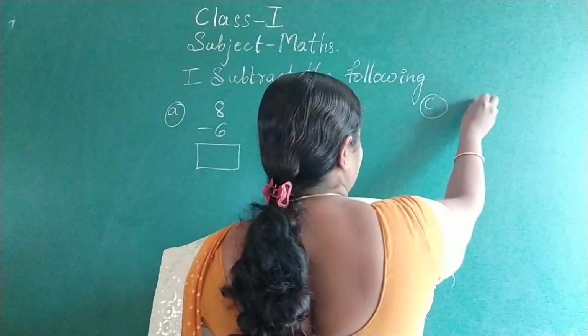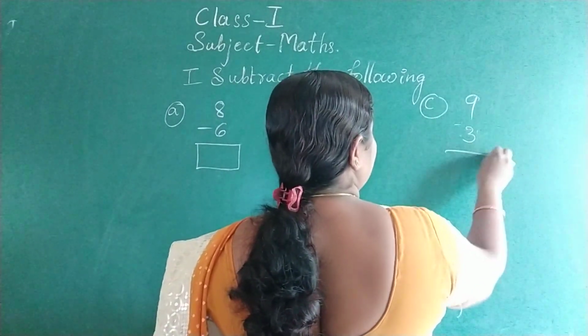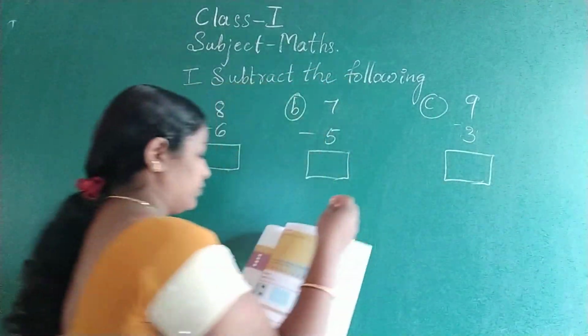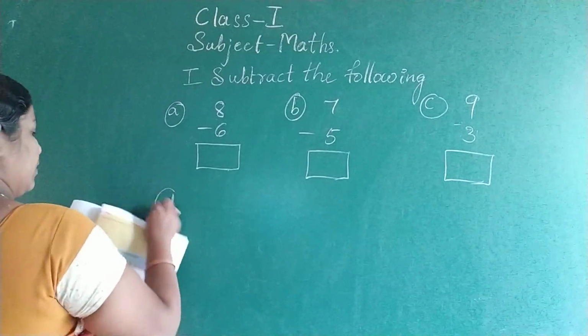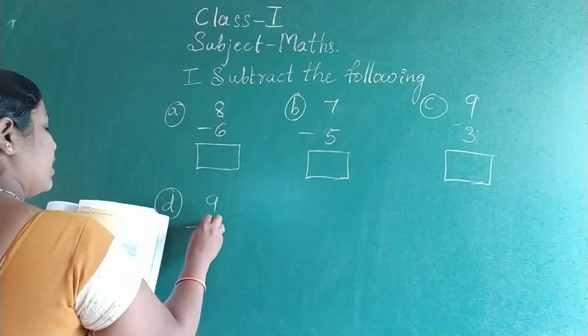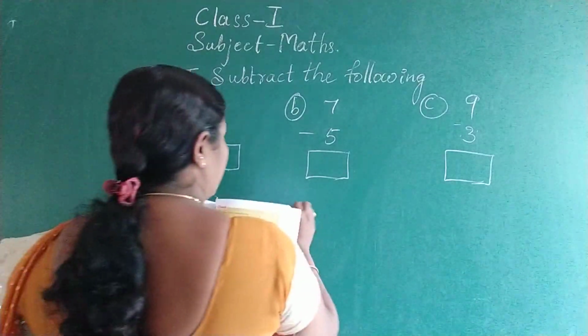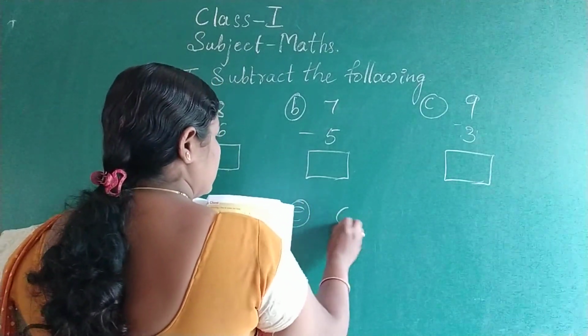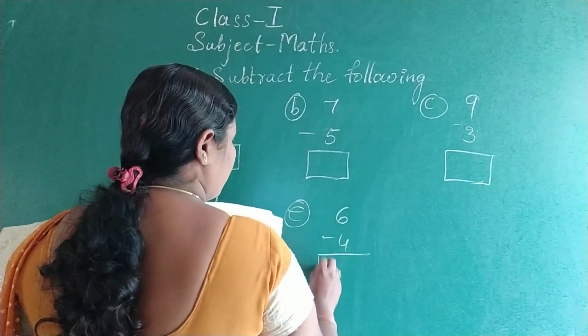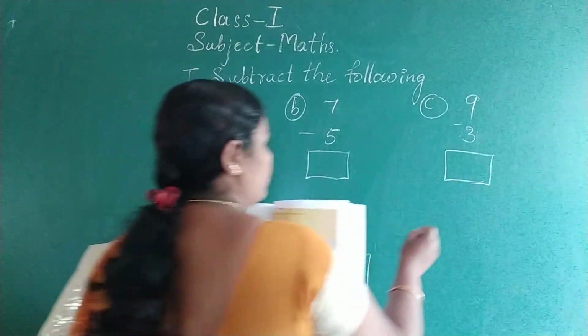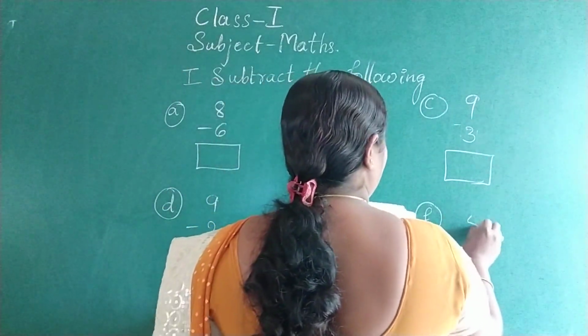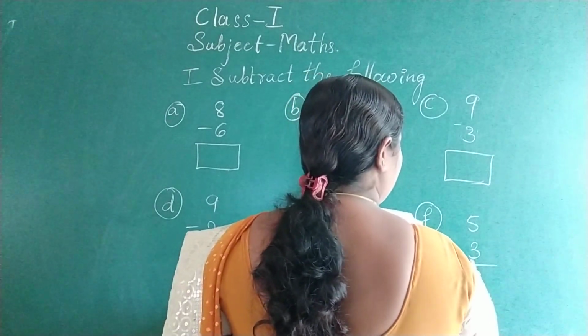C, 9 minus 3. D, 9 minus 2. E, 6 minus 4. F, 5 minus 3.